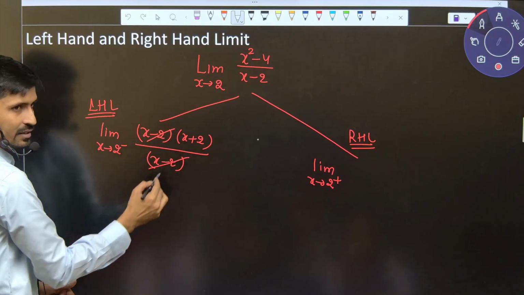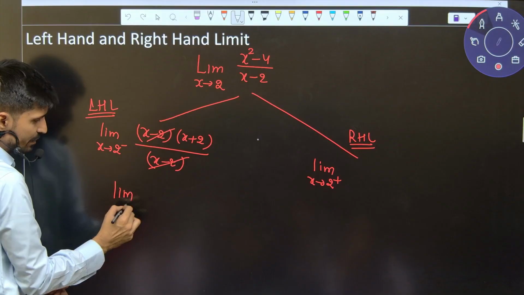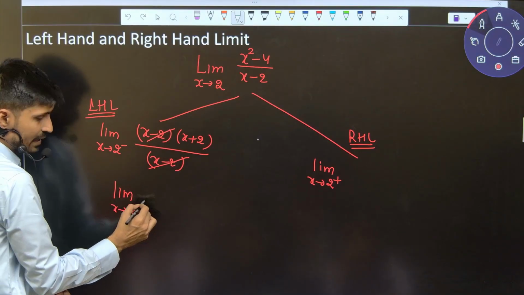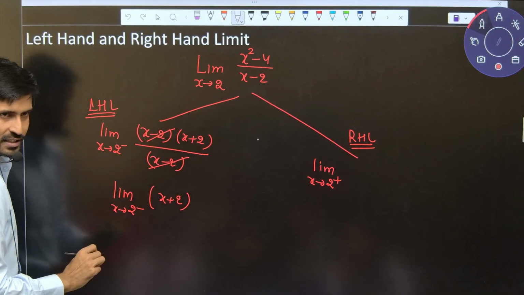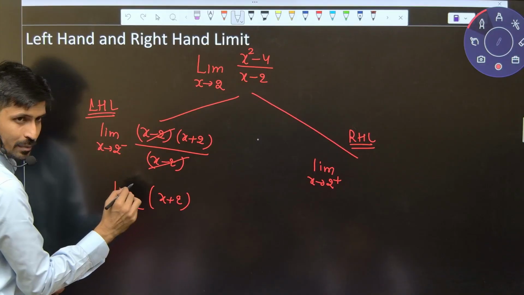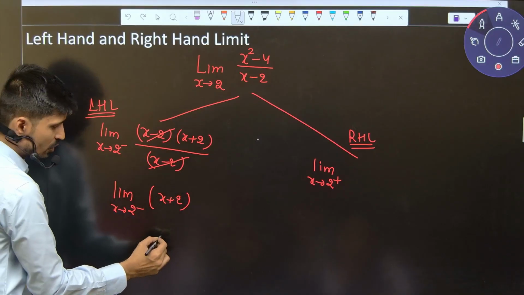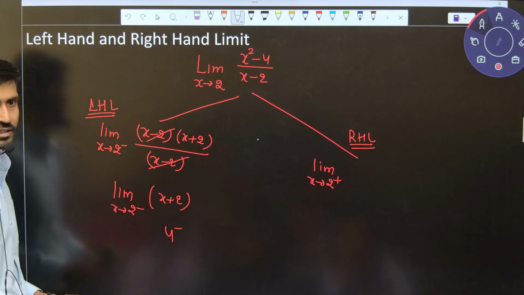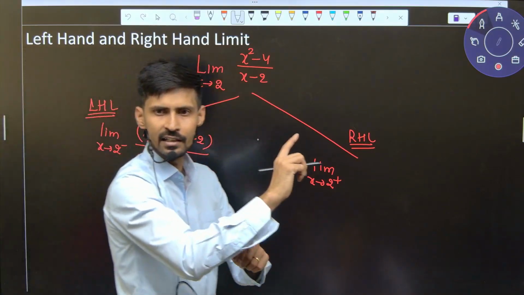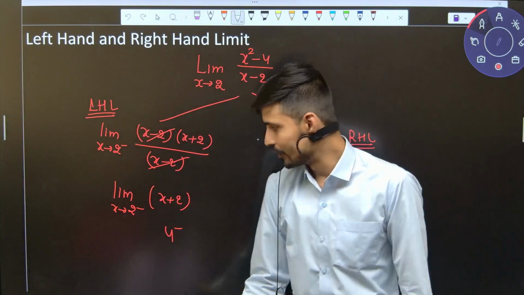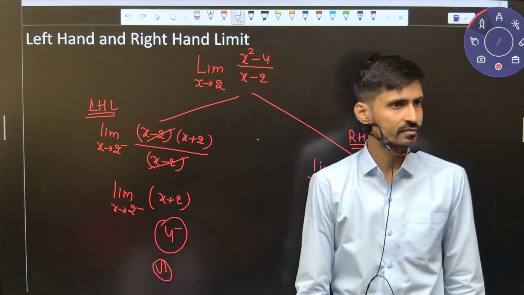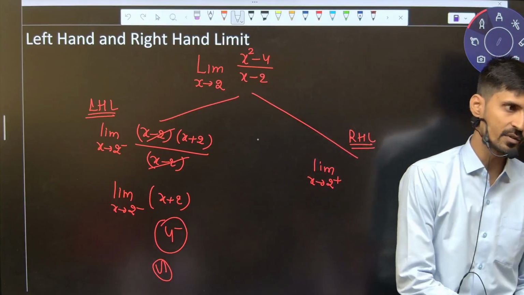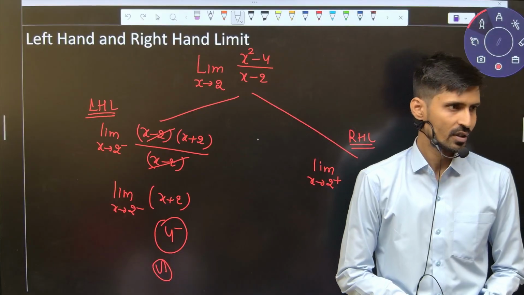Now it is simply left with limit x tends to 2 minus of x plus 2, because that has already got cancelled. When I put 2 minus in place of x, 2 minus plus 2 is 4 minus, which means 3.999999999. But whenever your answer is 4 minus, you have to write the answer as 4.